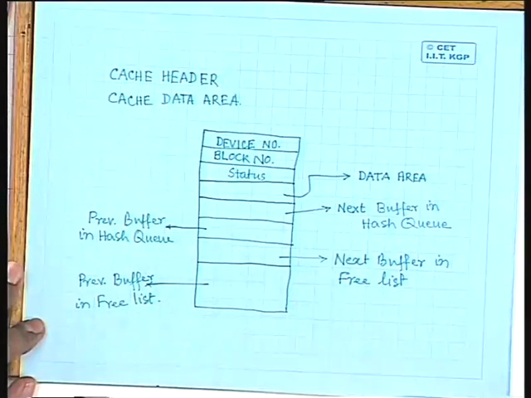Now why do we need hash queues? Suppose in a system we have thousands of buffers. Then following a page fault interrupt, the kernel will try to find out whether the block requested is present in the buffer pool or not. For that it has to do a linear search.